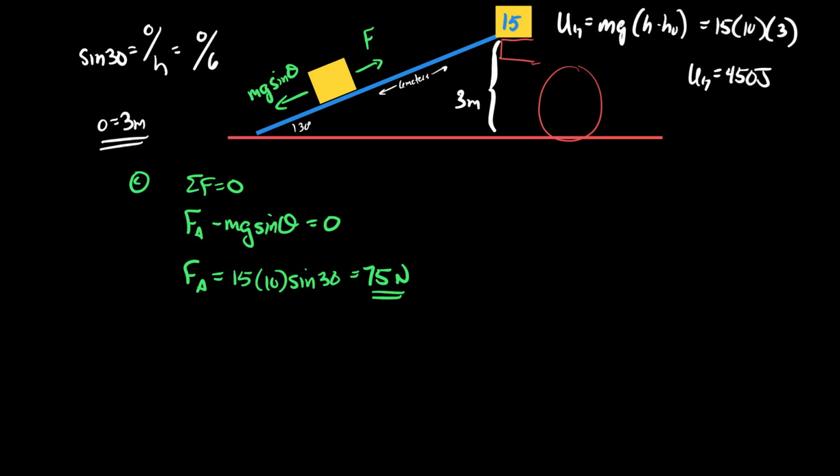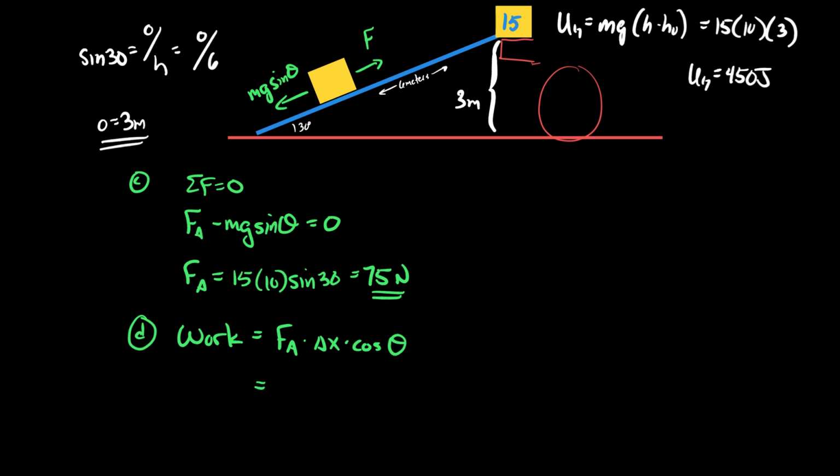As the ramp is 6 meters long, how much work is required to push the box up the ramp? Okie doke. Now, we've done this problem. We did it differently before, but this is the same kind of problem. The work done will equal the applied force times the displacement times the cosine of the angle between the applied force and the displacement.